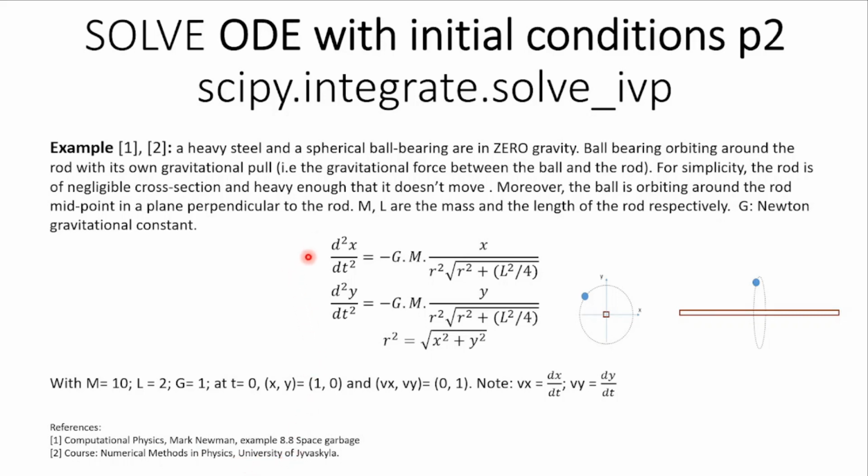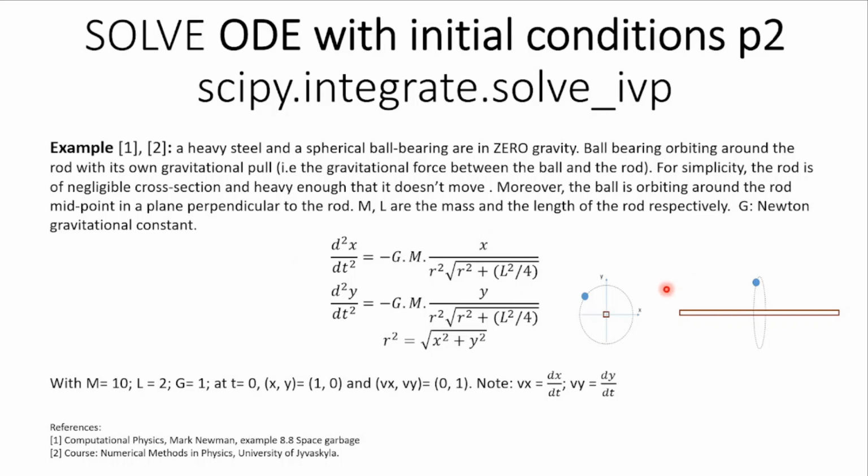If you don't understand how we get such a system of equations, you could derive them through some physics formulas, or you can read this book, Computational Physics by Mark Newman. It's example 8.8, space garbage. Please read it to understand how they derive this system of ordinary differential equations.